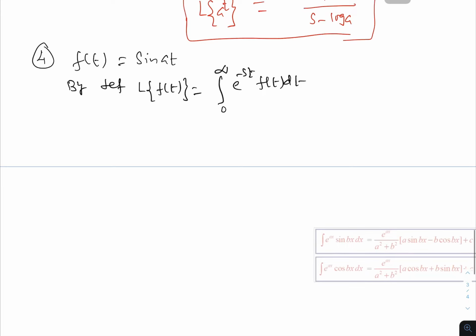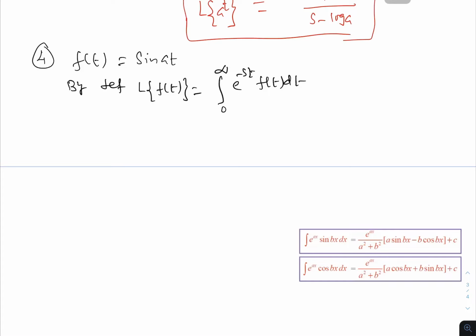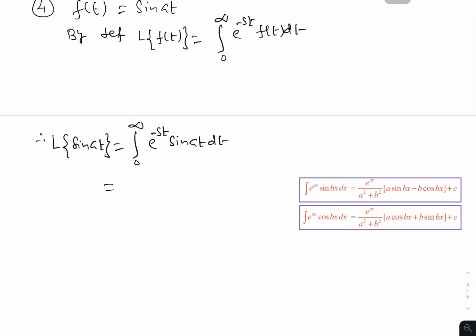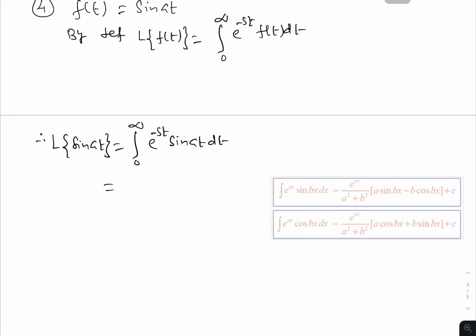Therefore the Laplace transformation of sine at equal to the integration from 0 to infinity of e power minus st sine at dt. Now here we have a standard integration formula, the integration of e power x sine bx.